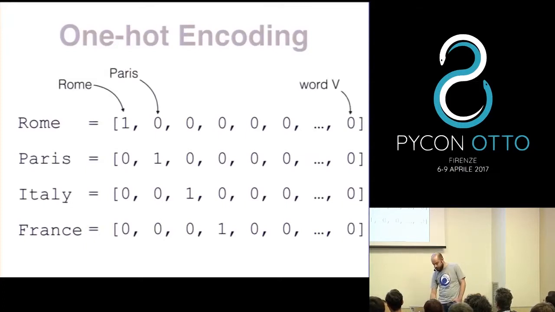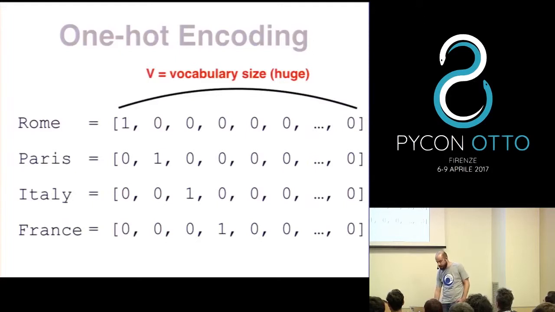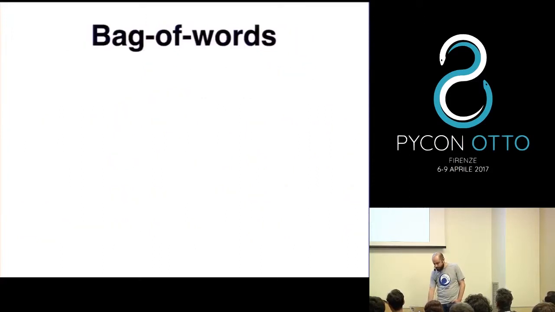Each dimension of the vectors represents a particular word, and for the single word vector you will have the relevant position being switched on to 1. There's one problem with this representation, which is dimensionality. The number of dimensions is huge. That's the size of the vocabulary. Another problem is you don't really have a notion of similarity between these vectors, right? Because only one dimension is switched on. Anyway, this is a fairly common option.